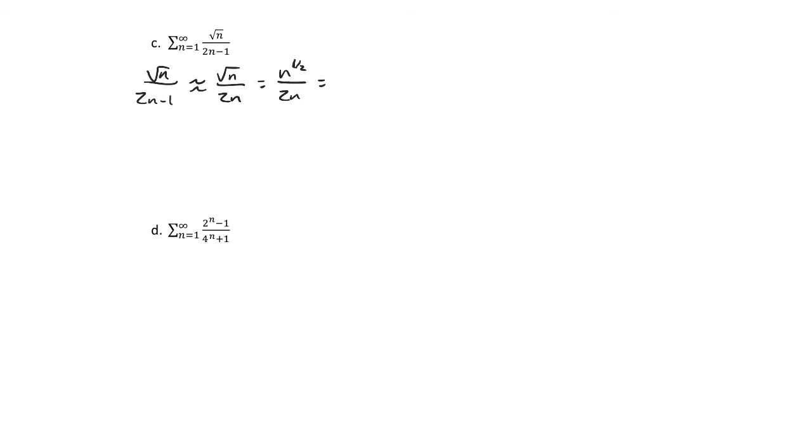And if you subtract exponents, 1 minus 1/2, we end up with 2n to the 1/2 under 1 there. Now I want to think about this series. I don't really need the 2 there, so I can pull that out front. But I've got 1 over n to the 1/2. Does it converge or diverge? Oh, this is another p series. This time p is equal to 1/2, and when p is 1/2, it diverges because that's less than 1. Okay, so I suspect it diverges.